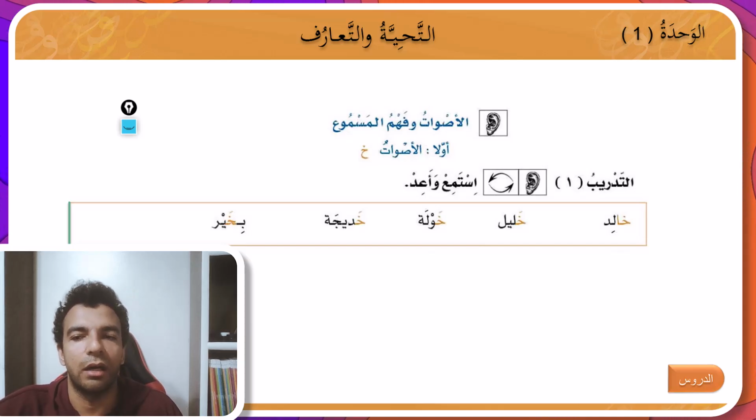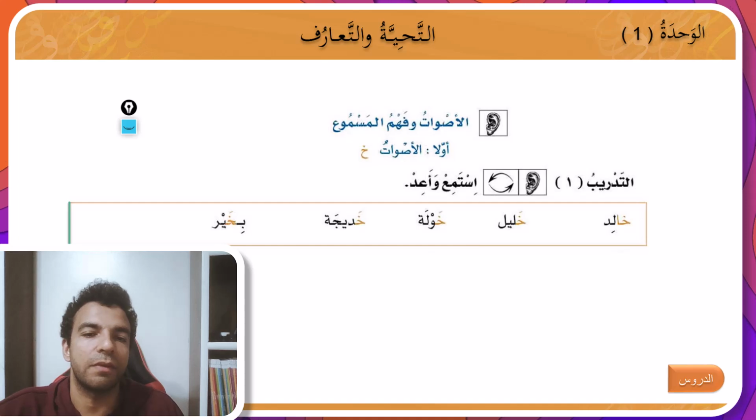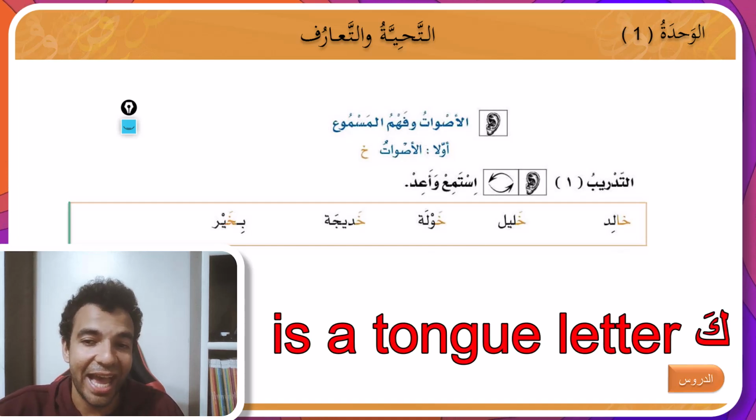Also notice a common mistake that people mix between Kha and Ka. There is a major difference between them. One of the main differences is that Kha comes from the throat, while Ka comes from the lower part of the tongue.